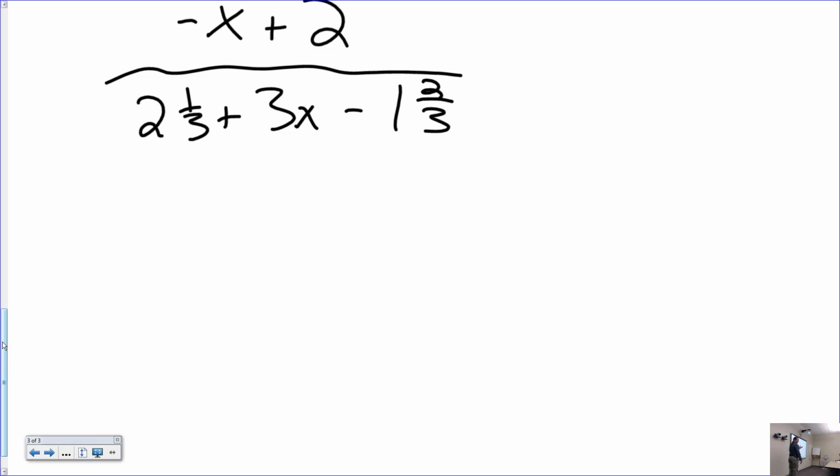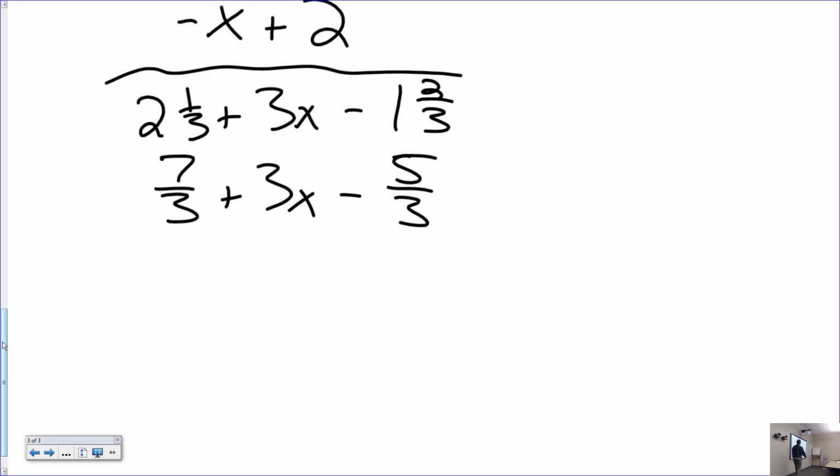You could either borrow or convert everything into improper fractions. Please don't forget how to convert things to improper fractions. What is this as an improper fraction? 2 times 3 is 6 plus 1 gives you 7, so 7/3. What is 1 2/3? 1 times 3 is 3 plus the 2 gives you 5, so 5/3.